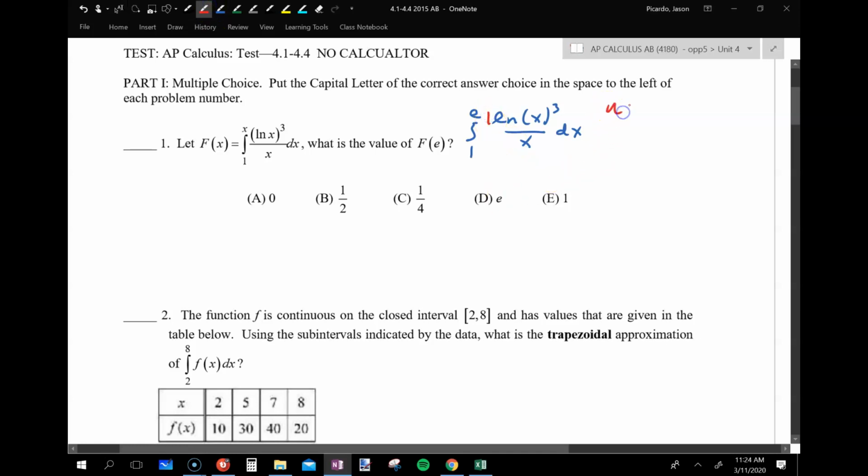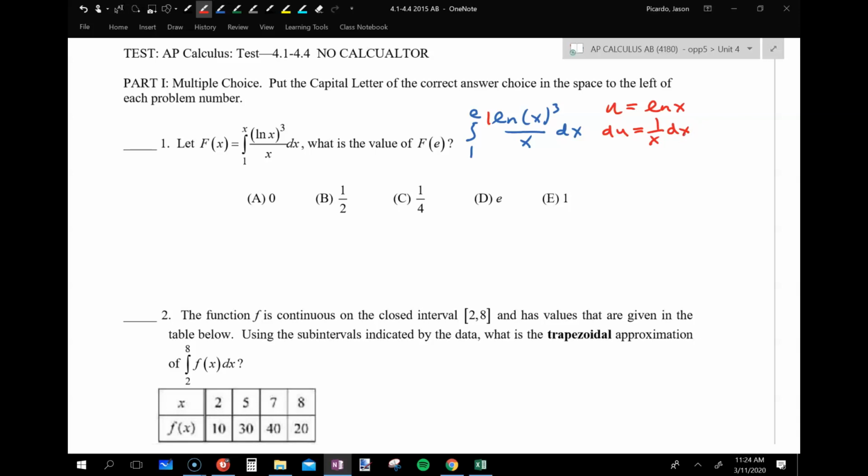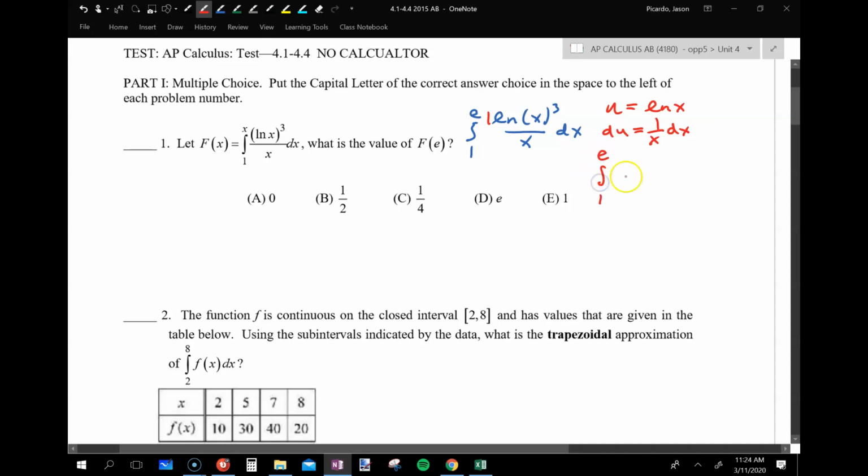So I'm going to do a u sub with natural log. So du equals 1 over x dx. Oops, u cubed. A fairly simple one, right? So this is going to be a definite integral.